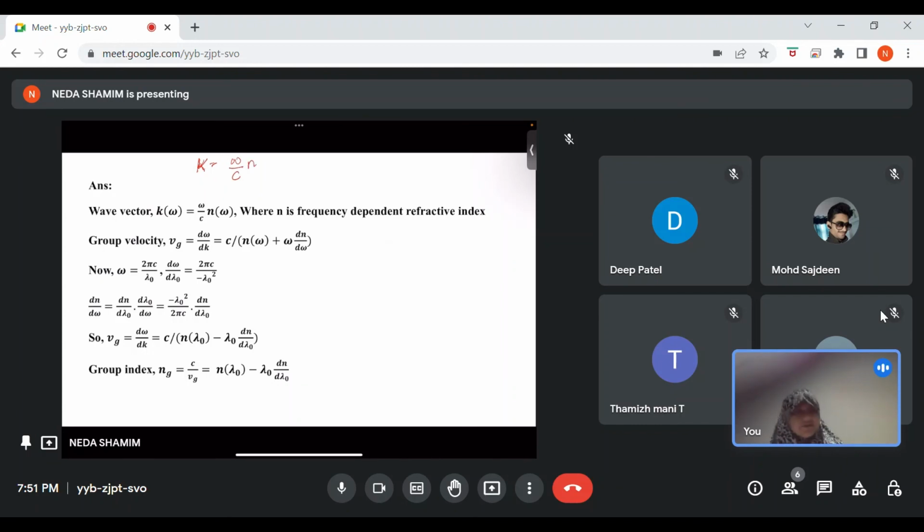N is the refractive index, and this is a function of frequency. And here the wave vector is also a function of frequency. So this is the wave vector expression. And we already get to know what will be the group velocity expression. It will be simply Vg is equal to d omega by dk.